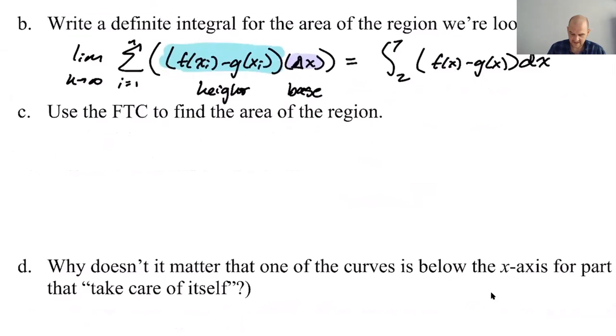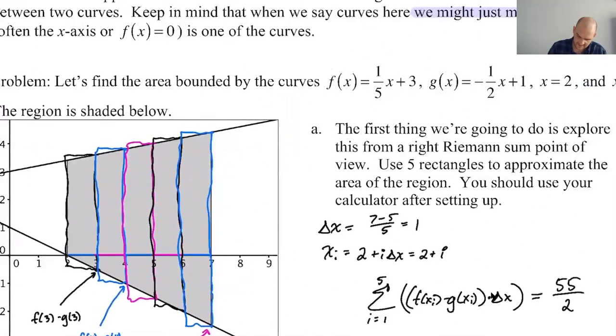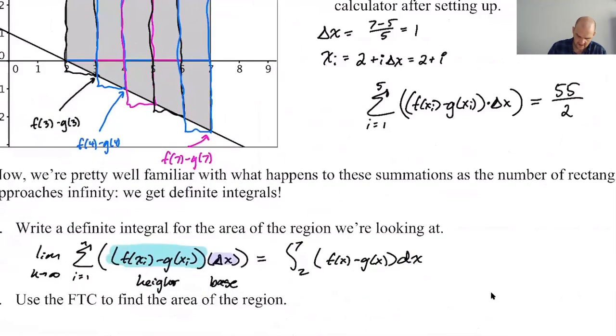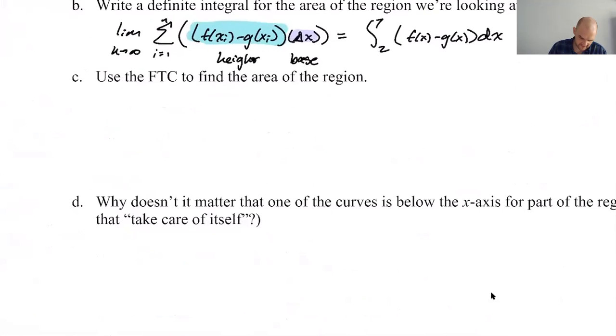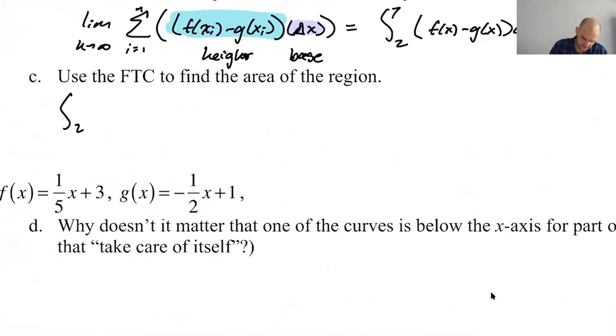So let's do that. I'm going to copy these and just bring them down for a second, and then I'll delete them, I guess, when I'm done. I just need to know what the things are. So bringing that down. All right, here we go. So we're doing the integral from 2 to 7 of 1/5 x plus 3 minus the quantity negative 1/2 x plus 1 dx.